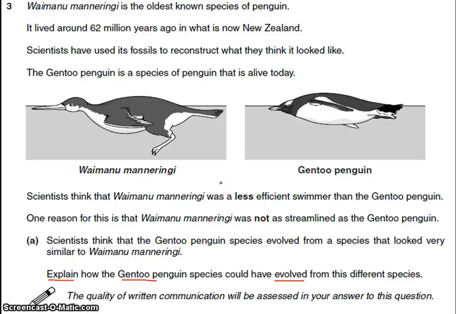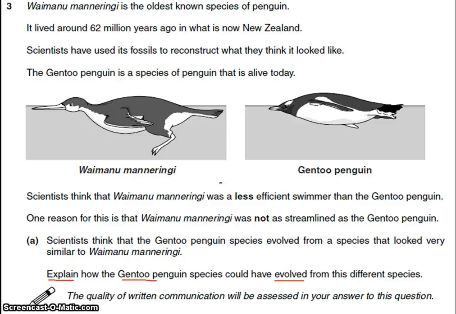So the first thing you need for evolution is the idea of variation, the idea that all living organisms aren't the same, and it's variation that allows natural selection to then occur. So in these 2 penguins we have the variation in terms of how streamlined they are.